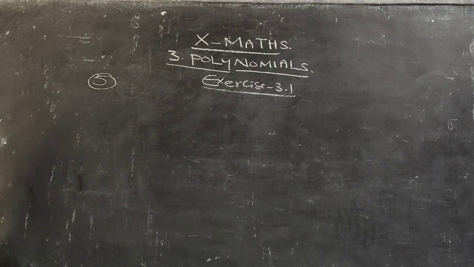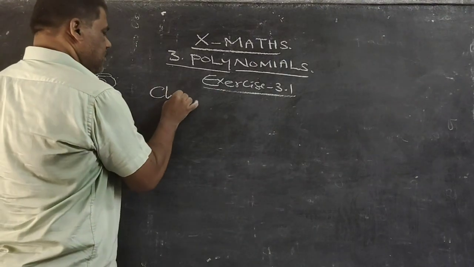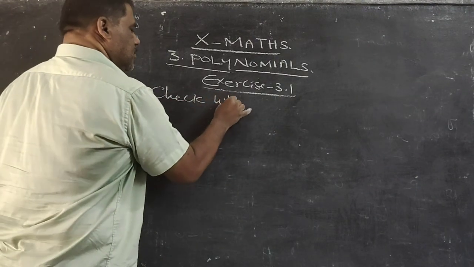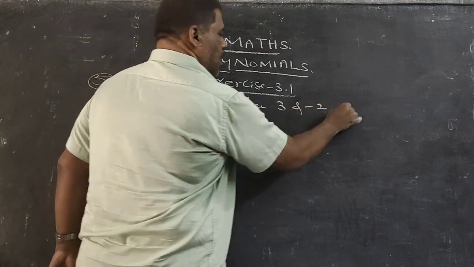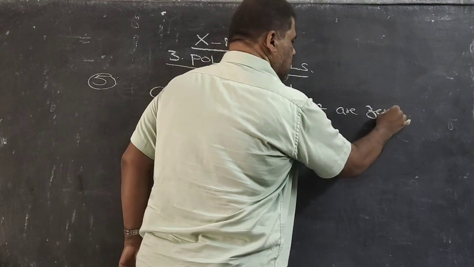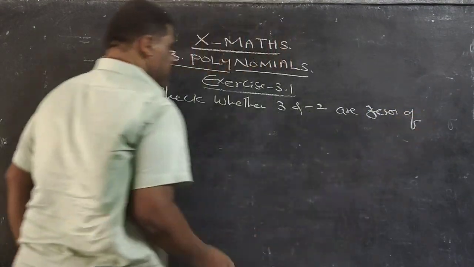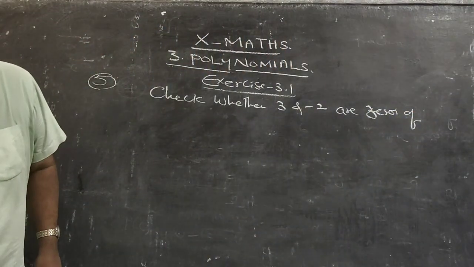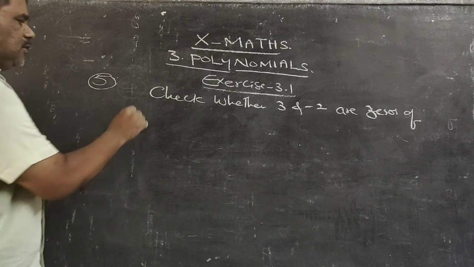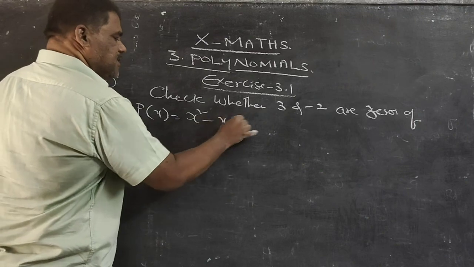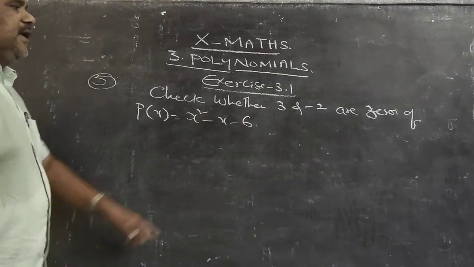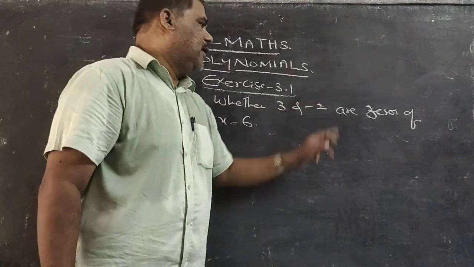Check whether 3 and minus 2 are zeros of the polynomial p of x is equal to x square minus x minus 6. Here two values, 3 and minus 2, are given.